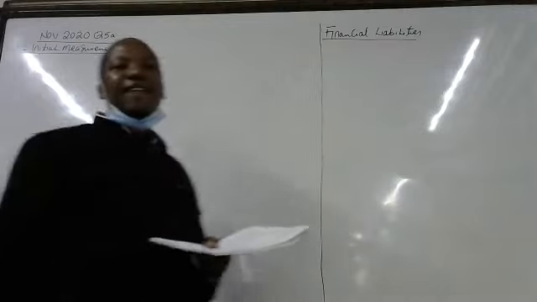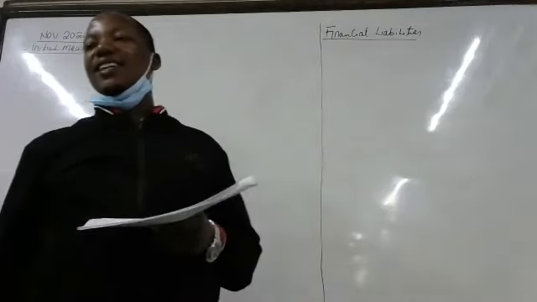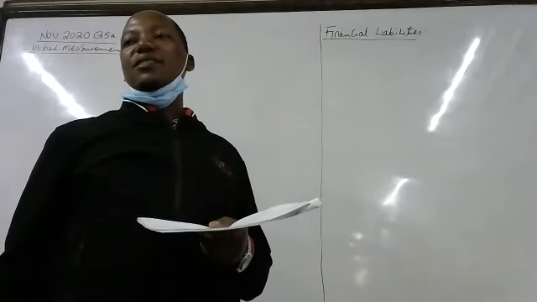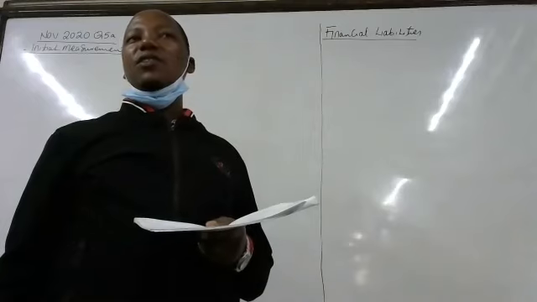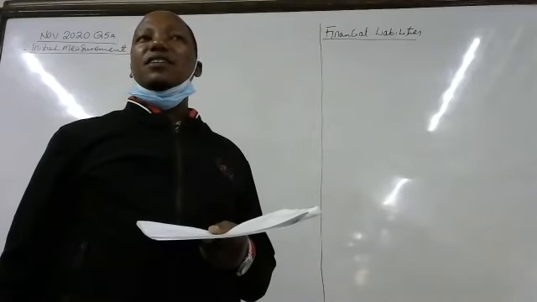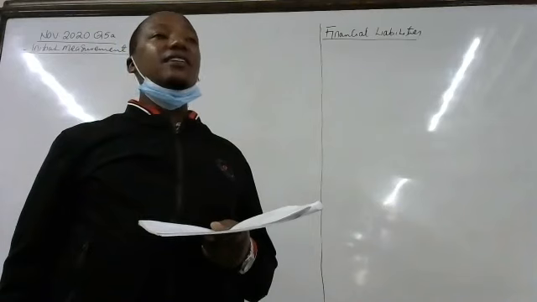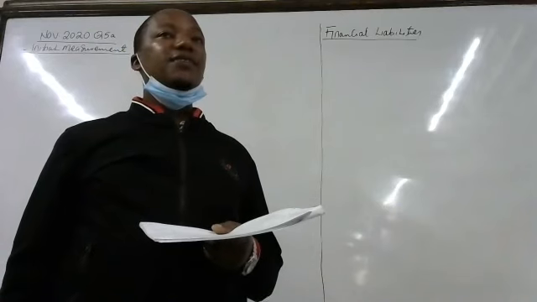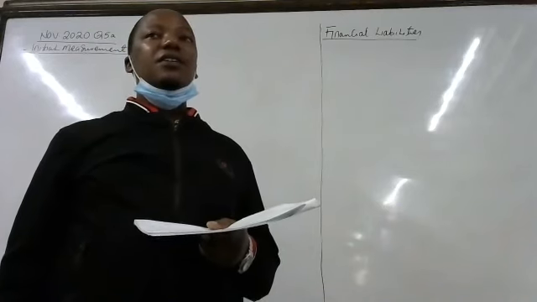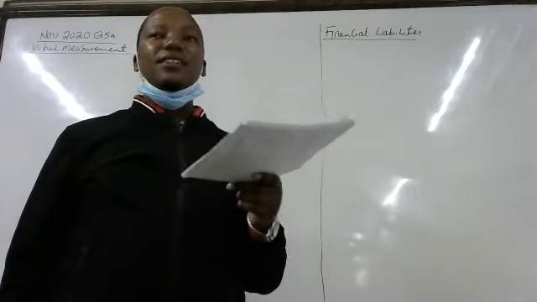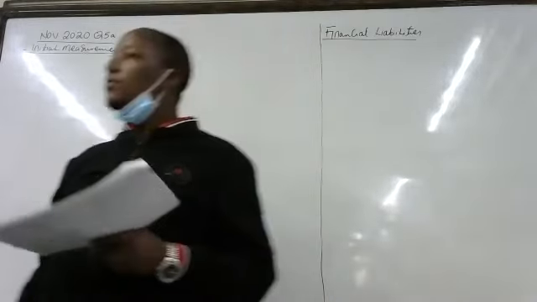So initial measurement. What did we write last time? All financial instruments are to be measured at fair value plus or minus transaction cost. Full stop.